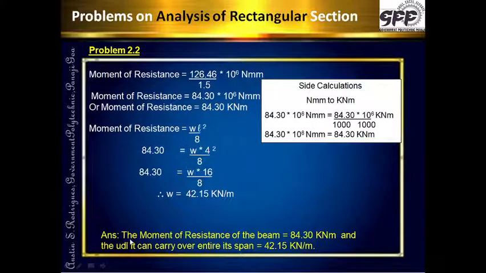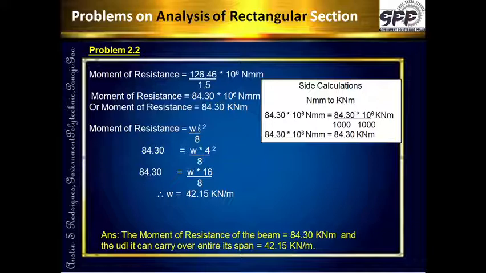So the answer is: the moment of resistance of the beam is 84.30 kilonewton meter, and the uniformly distributed load it can carry over its entire span is 42.15 kilonewton per meter.